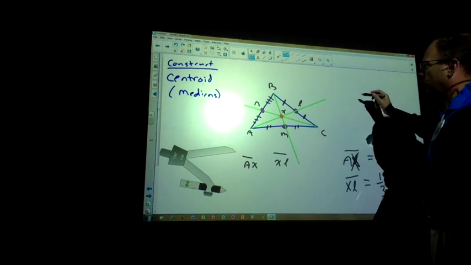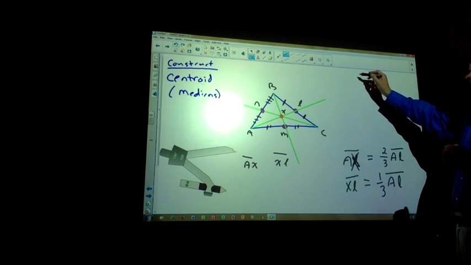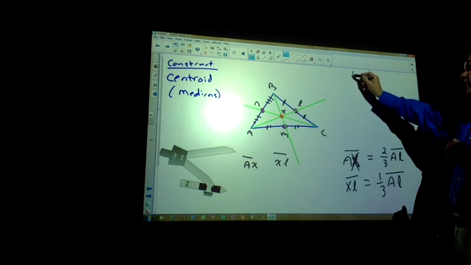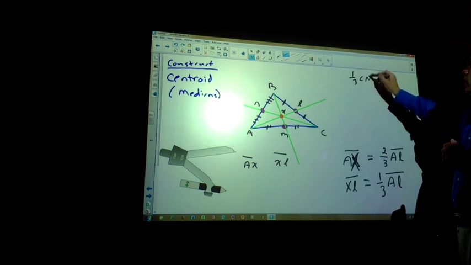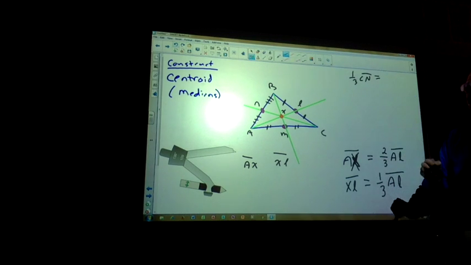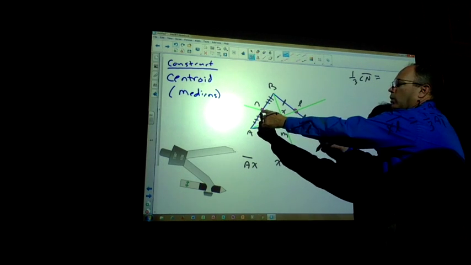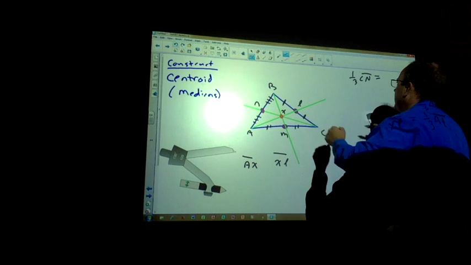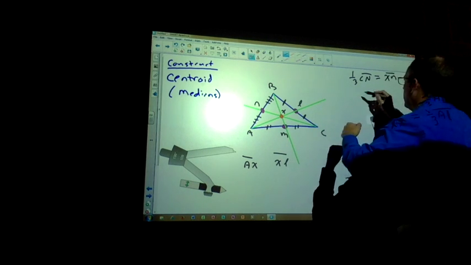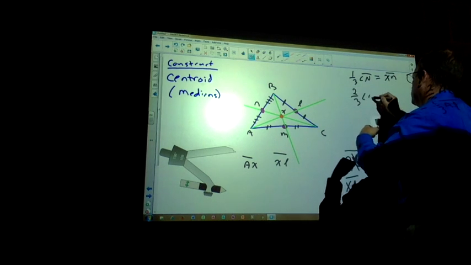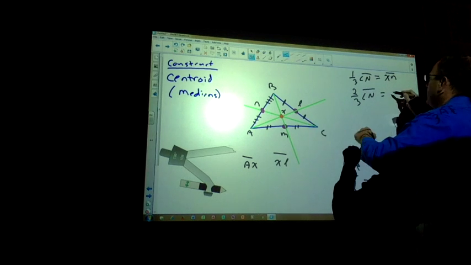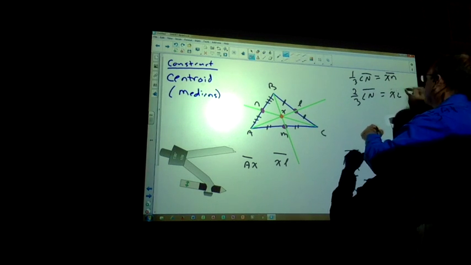Okay, so other things I could state. If I said 1/3 of segment CN, which segment is that? XN. What is 2/3 of CN? XC. Okay?